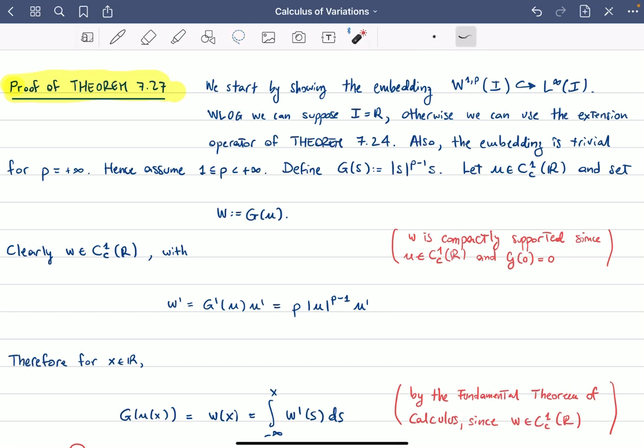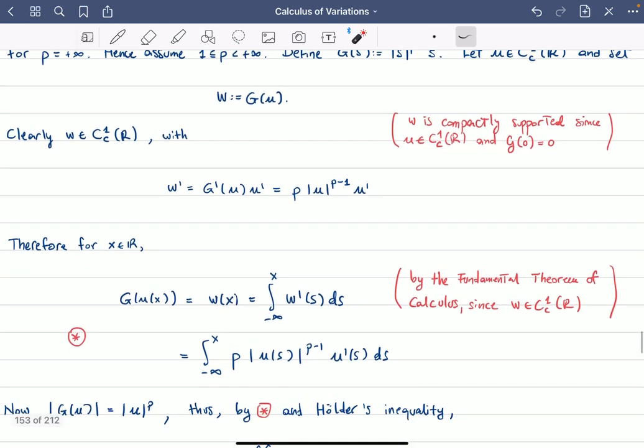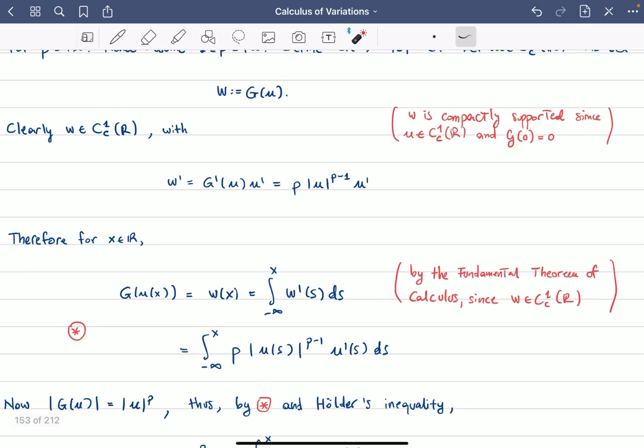Okay, and the derivative of w is just given by the classical chain rule, and you can compute it to be g prime computed in u times u prime, and if you derive this function you just get p times absolute value of u to the power of p minus 1 times u prime. Therefore for x in R fixed, we have that g of u of x, which is equal to w of x by definition, we can just use the fundamental theorem of calculus.